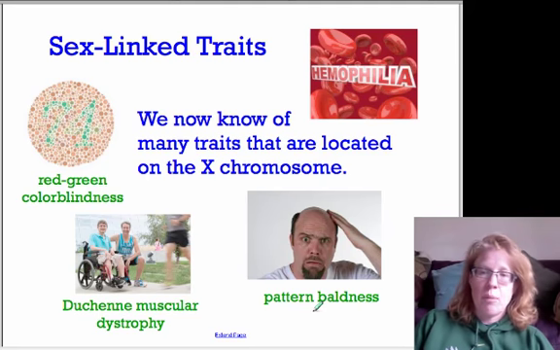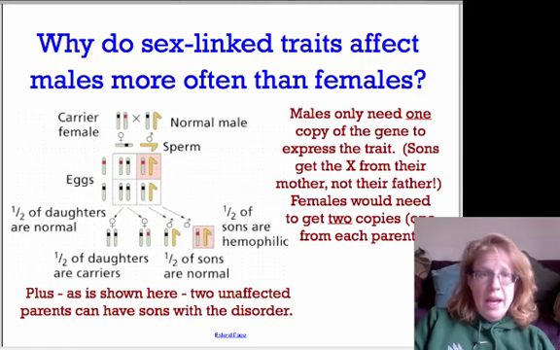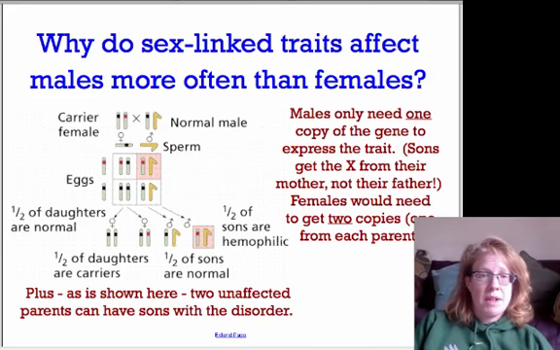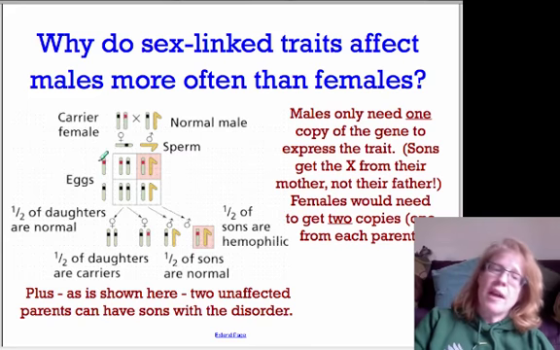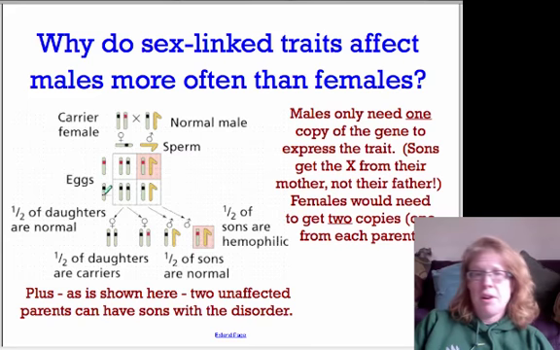So if they only carry one copy of that particular gene, they're going to express it. Females have to carry two. And this is a little bit different than other types of traits we've discussed before. Remember, carrier females have two copies of this gene. They have one on the X and one on the other X. So if they've got a regular X chromosome, it's going to cover up the effect of that problematic gene on their other chromosome.